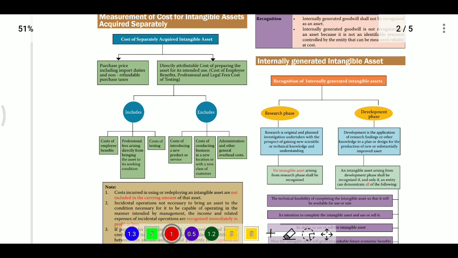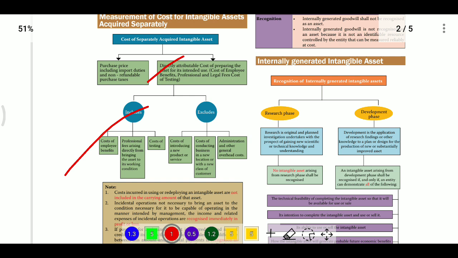From that we need to exclude any trade discounts or rebates. And we need to add directly attributable costs of preparing for the intended use: cost of employee benefits, professional fees, legal fees, testing cost, consultant fees, advisor fees, customization cost, or any other development phase expenses like internally generated intangible assets.